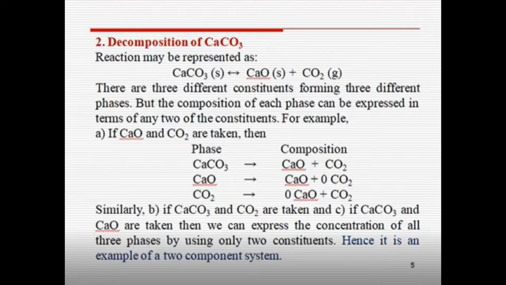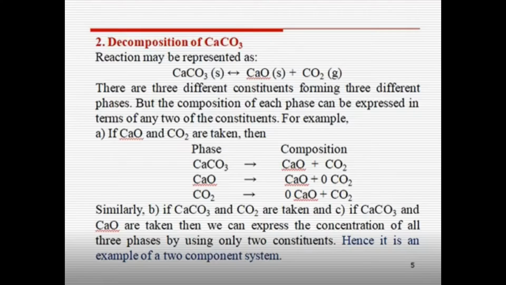For example, in case 1, if we take calcium oxide and carbon dioxide, then the composition of the phase calcium carbonate may be expressed in the form of the equation calcium oxide plus carbon dioxide, and that of the phase calcium oxide can be expressed as calcium oxide plus 0 carbon dioxide, and the composition of the phase carbon dioxide may be expressed as 0 calcium carbonate plus CO2.